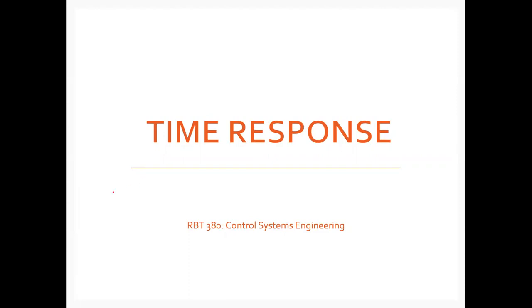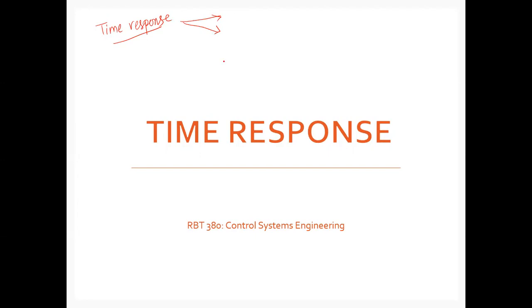So I'll take you guys to chapter 1 now. Remember we talked about steady state and transient response. So there are two kinds of time response, right? What are they?